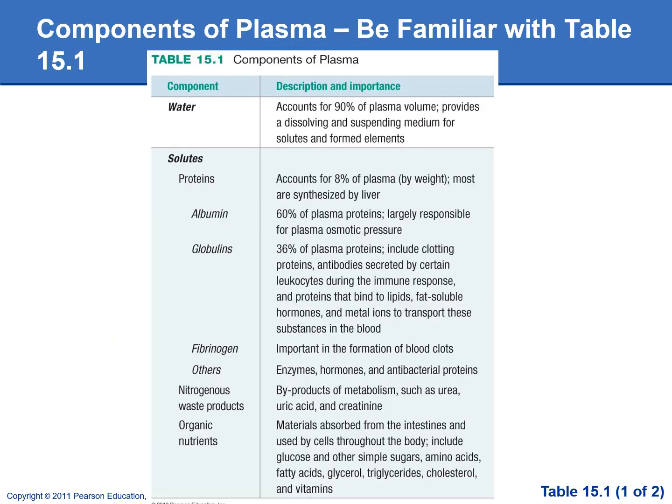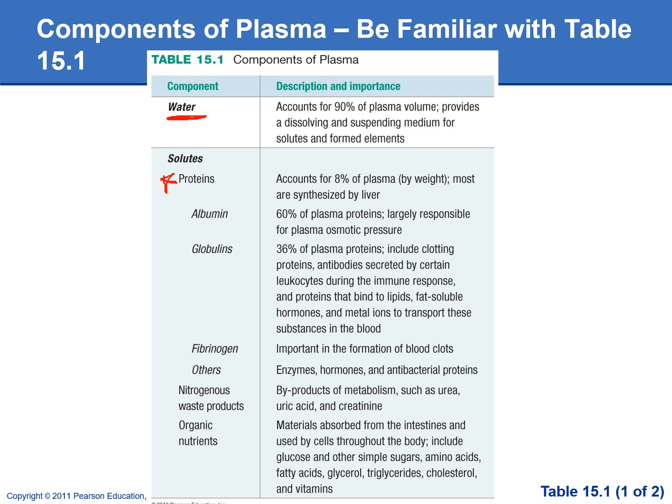Okay, and then this is just from your book that just shows the components of plasma. So it's going to be made up mostly of water. 90% of the plasma is made up of water. And then the rest of it is going to be solutes that are dissolved in the water. And the biggest solute that is dissolved in the plasma would be the proteins.